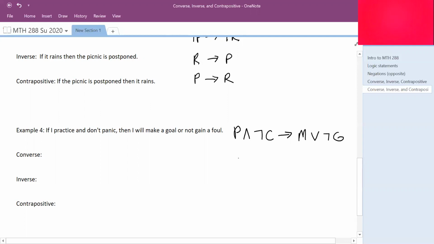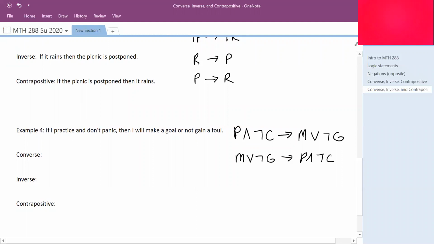Okay, so we do the converse, we're literally just going to switch. So the M or not G that's after the implication will come before it, and the P and not C that was before it will now come after it.